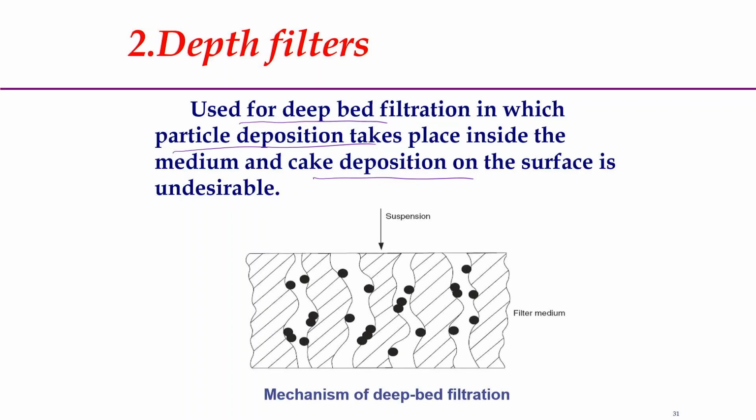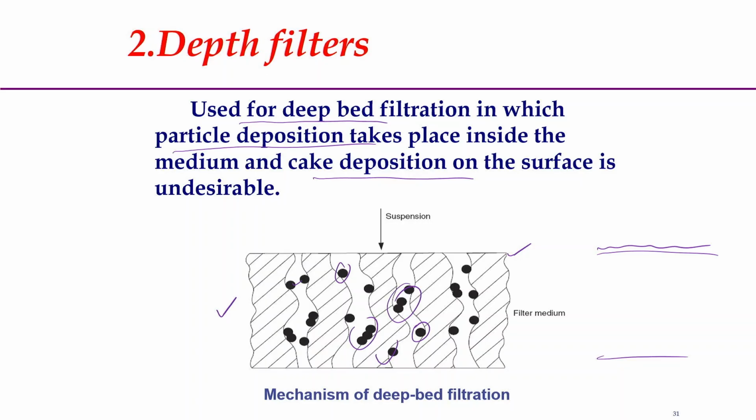You can see here this is a suspension, the particles are coming and being deposited inside the structure. That means we need a certain thickness, a thicker porous material. Even the smallest particles, like bacteria and viruses, can be deposited within the structure, not on the surface. So, for very minute particles we need this type of depth filtration.